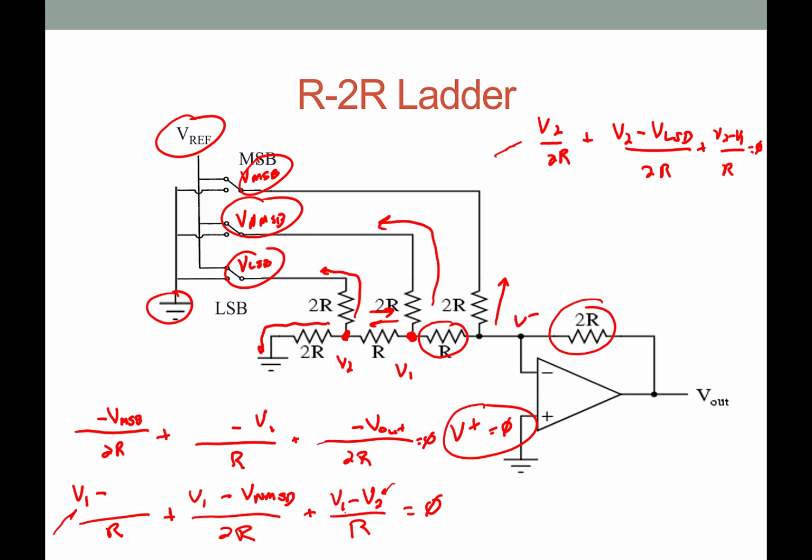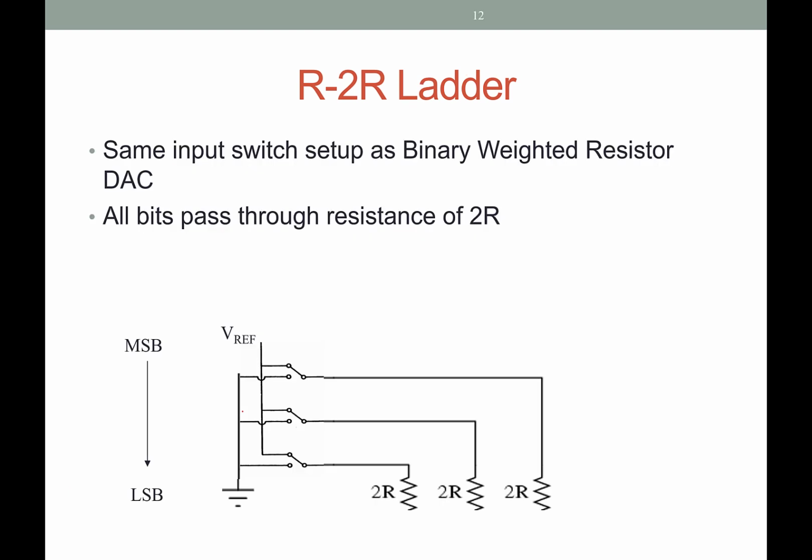Then I'll have all of V1s in a VLSB and a VNMSB. So then I can solve for V1 in terms of VLSB and VNMSB. Then I can substitute that into this term, and then I'll have something with V out in terms of VNMSB, VLSB, and VMSB. And so that's what I want, and I can get that final equation that I'm looking for.